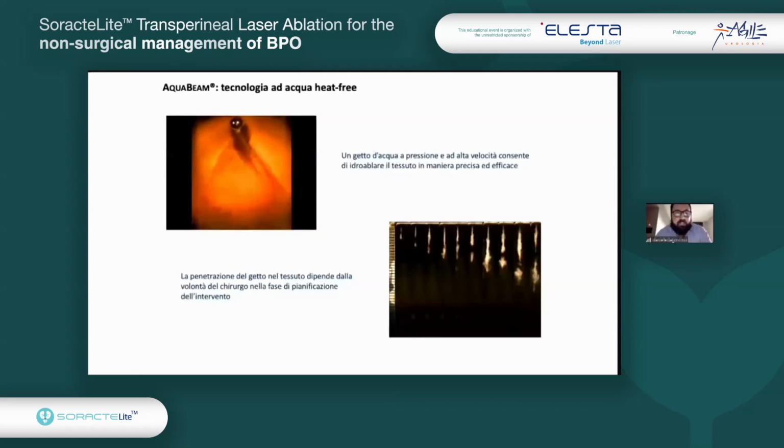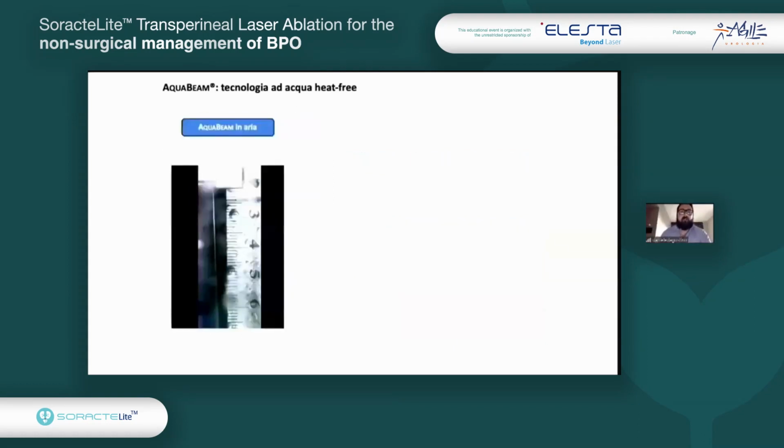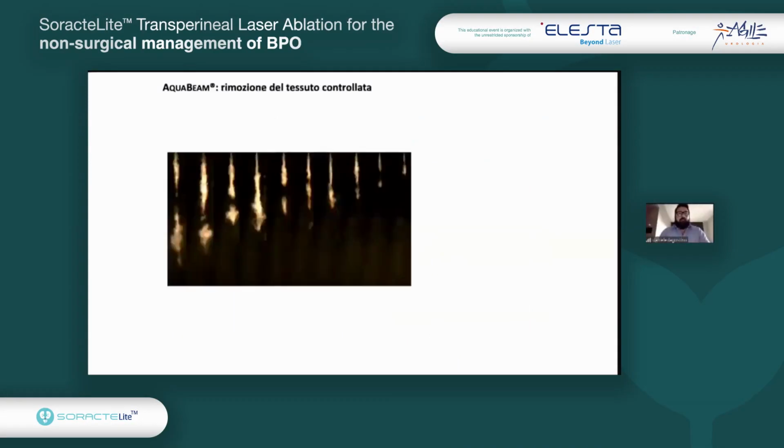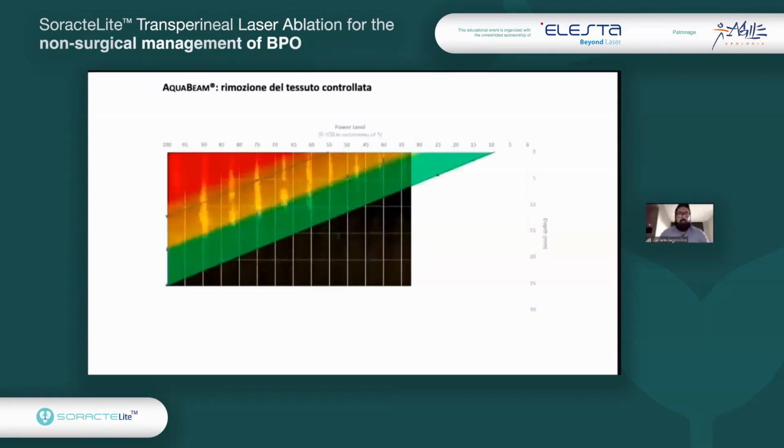It's very important to consider the water jet because the power of the water jet is important to ablate the prostatic adenoma, but it's also very important to preserve important structures in the prostate, for example vascular tissue and muscle tissue.